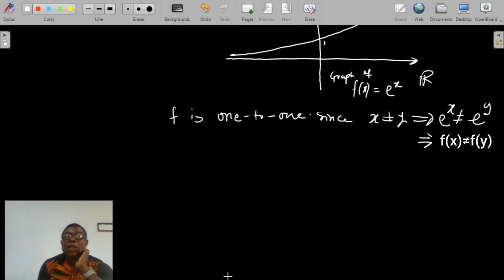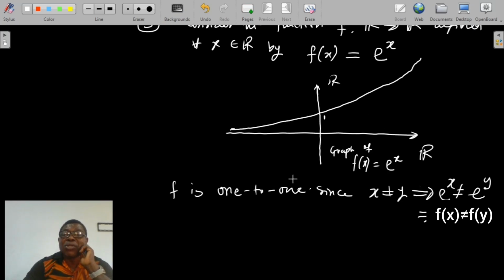But why did I bring in this picture? I intentionally bring in this picture to explain something. You recall that in graphical representation of functions, we have several lines that are parallel to the horizontal axis.